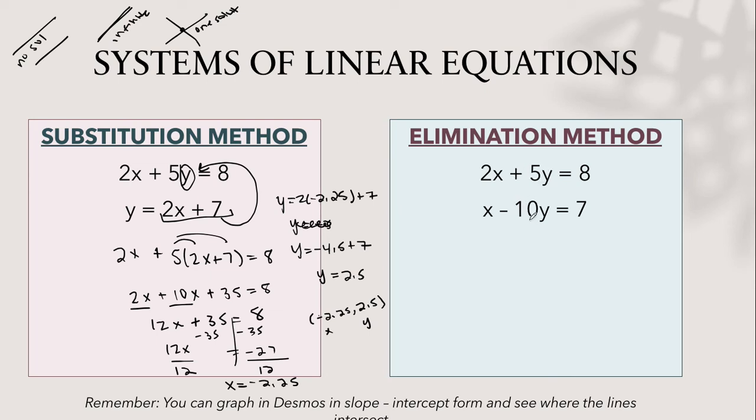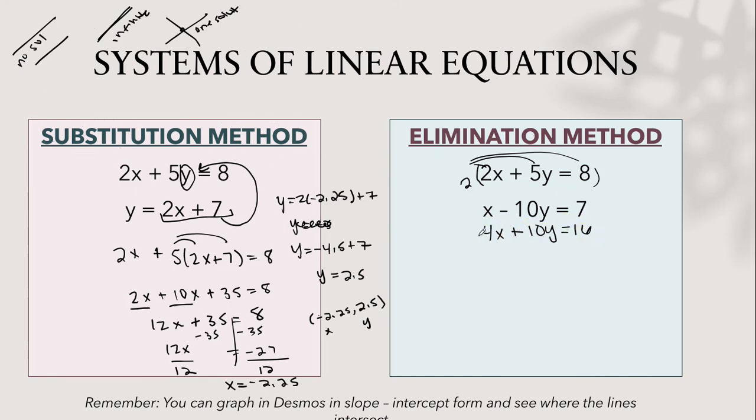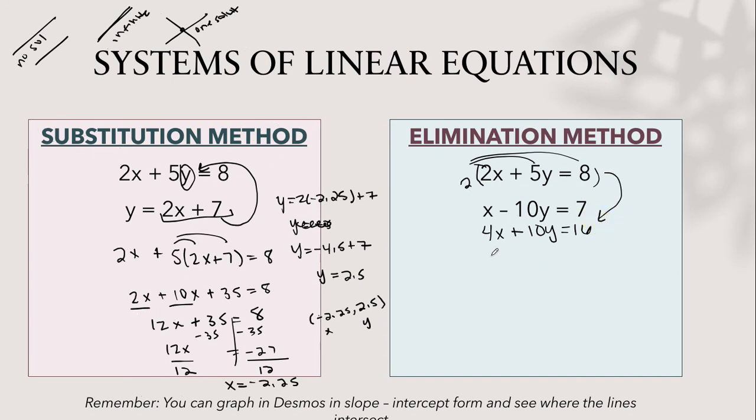This has a coefficient of negative 10, this has a coefficient of positive 5. Well, I can multiply this whole thing by 2 to get it to have the same coefficient. So 4x plus 10y equals 16. So I just went from here to here. Now they have the same coefficient, opposite signs, and now I can eliminate.